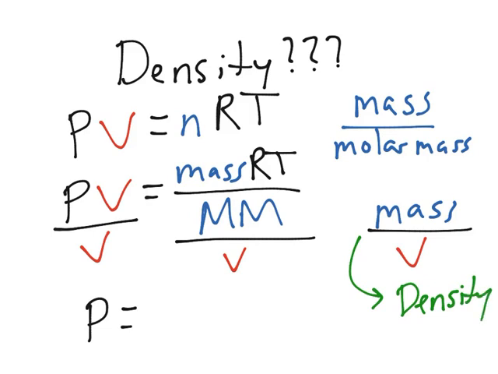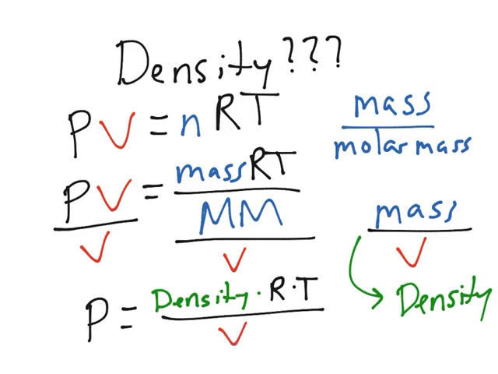So now you can replace mass divided by volume with density. I'm sorry, I actually just left that volume on there. We replaced mass and volume with density. So let's do this part again.